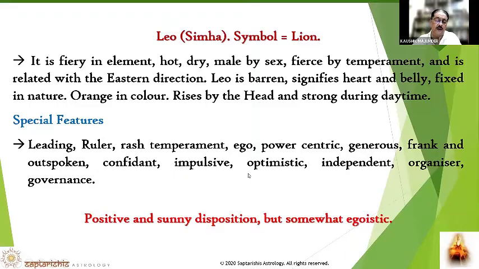So governance and organizing comes to Leo people with birth. So the important characteristic which I have highlighted is positive and sunny disposition, but somewhat egoist. This is what a Leo person is.